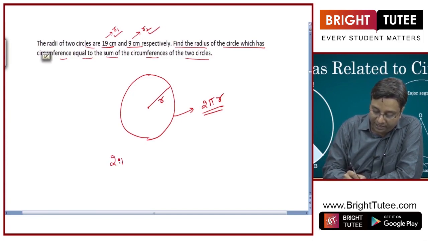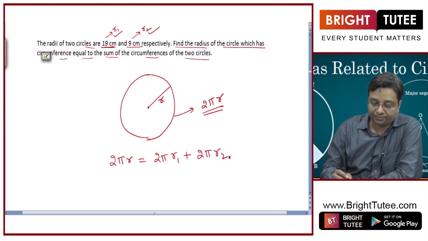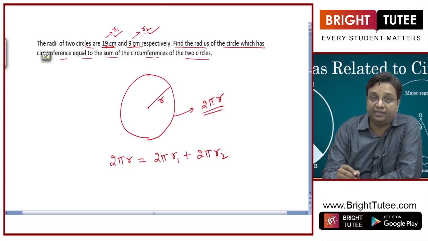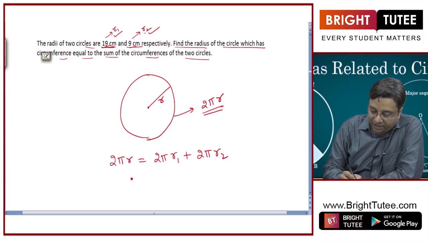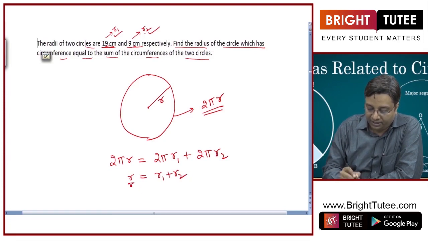So 2 pi r is equal to 2 pi r1 plus 2 pi r2. What is r1? r1 is 19, r2 is 9 centimeter. These are radii. So if I cancel 2 pi from both sides, r is nothing but equal to r1 plus r2, right?